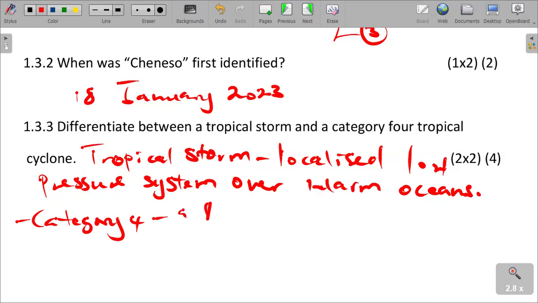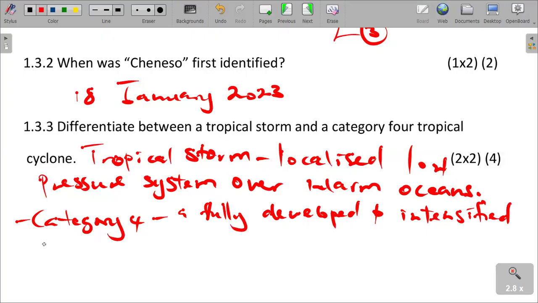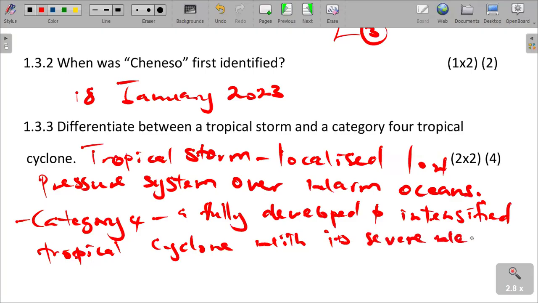It's a fully developed and intensified tropical cyclone with its severe weather conditions. With its severe weather conditions, we call that a tropical cyclone.